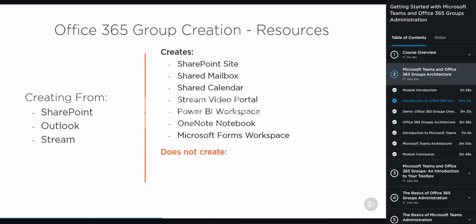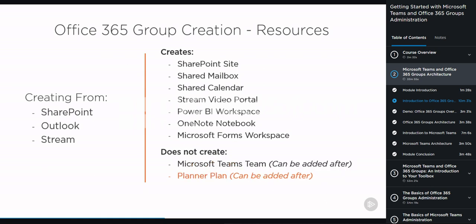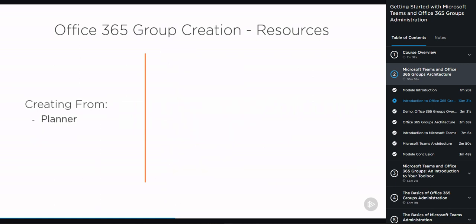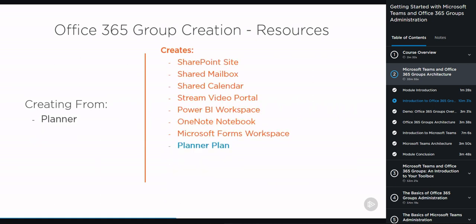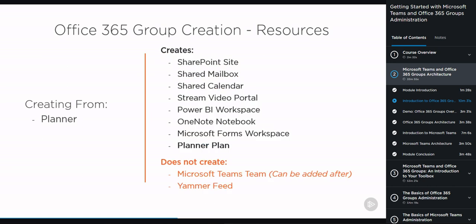Not created automatically, but can be added afterwards. And it will not create the Yammer feed, and that cannot be added to a group created from SharePoint, Outlook, or Stream. Now if you create it from Planner, it's almost the same thing, but the Planner plan will be automatically created. And again, it does not add a Microsoft Teams theme, but that can be added after, and you cannot have a Yammer feed.